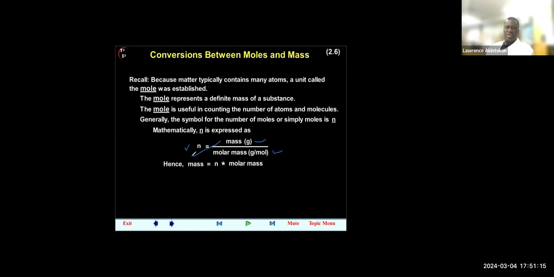That means you do what you call cross multiplication. N is assumed to be N over 1. So mass times 1 is mass. Then you have N times molar mass. That is the cross multiplication. So that will give you a way of calculating the mass if you are given the number of moles and you can get the molar mass.